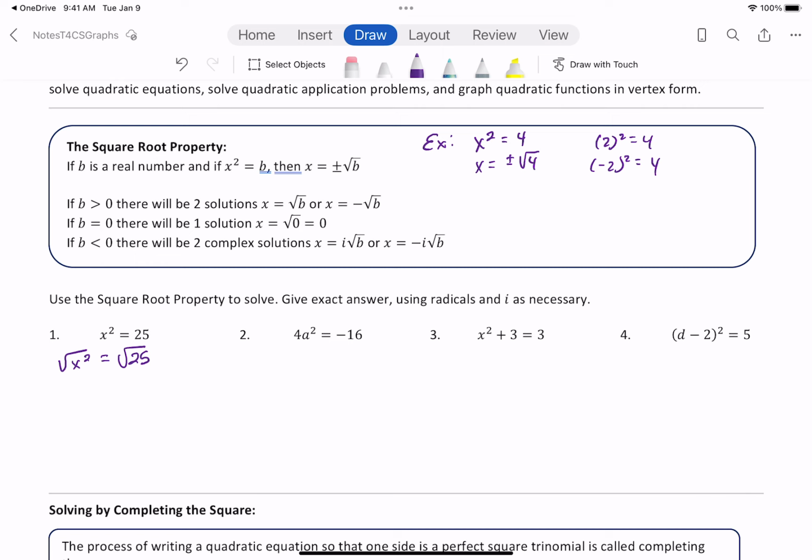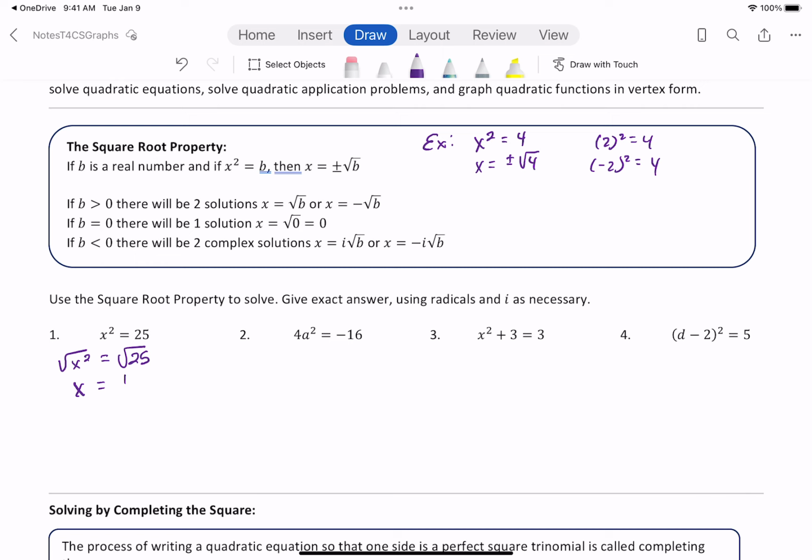And of course this is kind of the reverse process of what we did on the last test. On the last test, we were squaring both sides of a radical equation to undo the radical. So this is kind of the opposite. Now I have an exponential, so I'm taking the root to undo it. So we know the square root of a squared term is just that term.